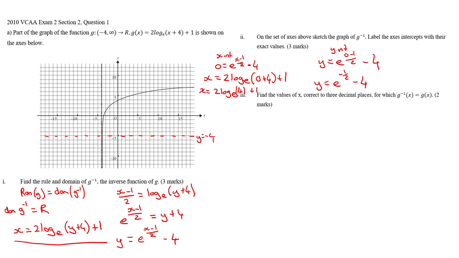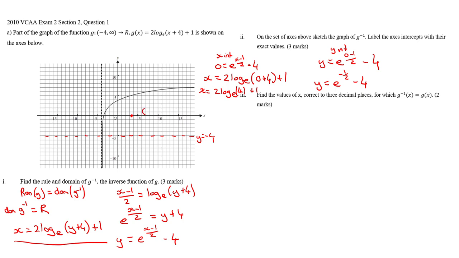Now it will help when we're graphing to know exactly where it goes. So I put it into the calculator to get it as a decimal, but we will be graphing with the exact values. Okay, so if we are looking at the x-intercept first, the x-intercept is approximately 3.77.